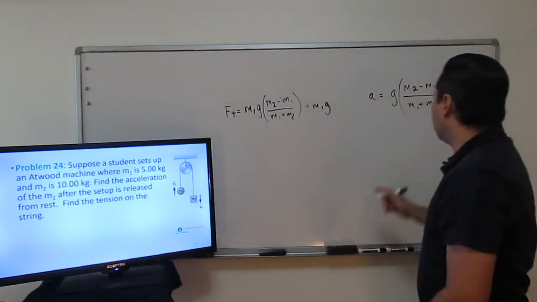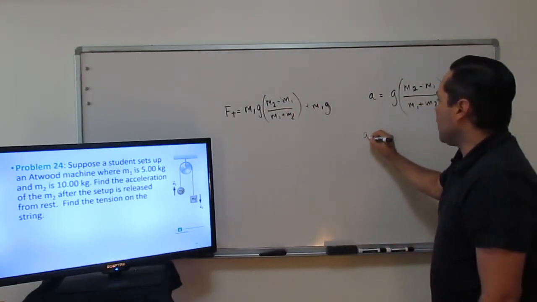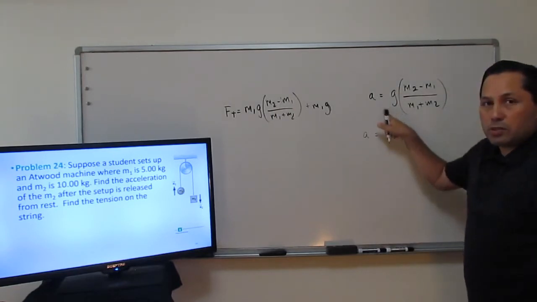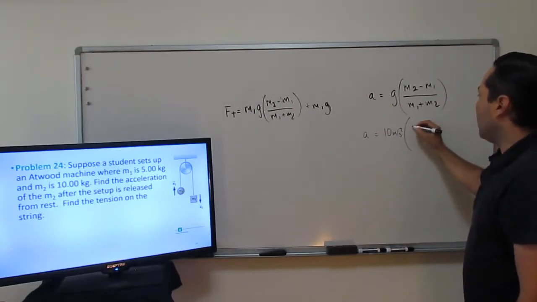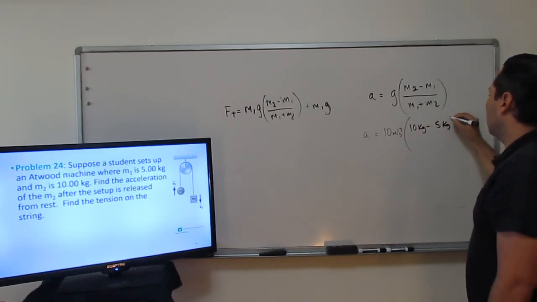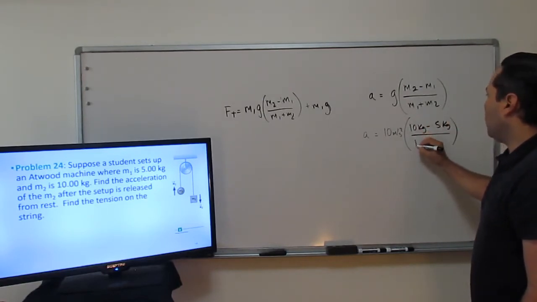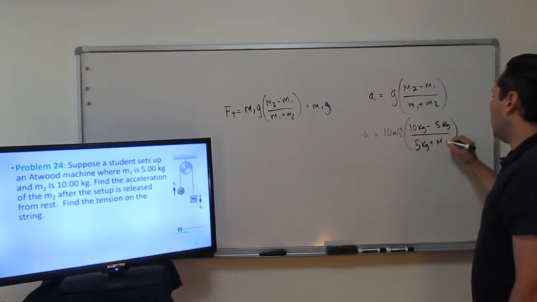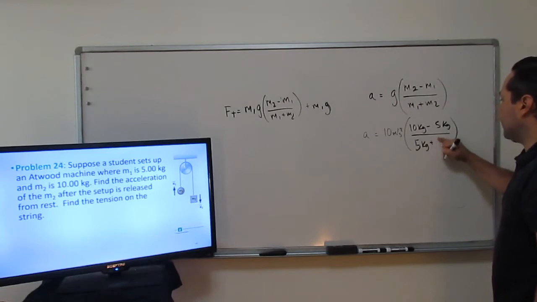So A equals acceleration due to gravity, that's G. M2 was 10 kilograms, M1 was 5 kilograms, M1 is 5 kilograms plus M2, which is 10 kilograms.